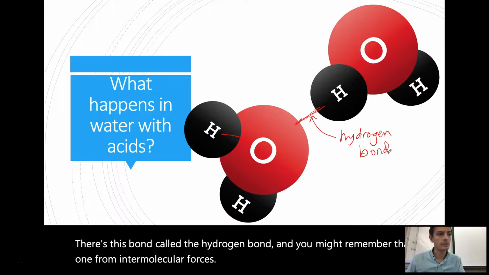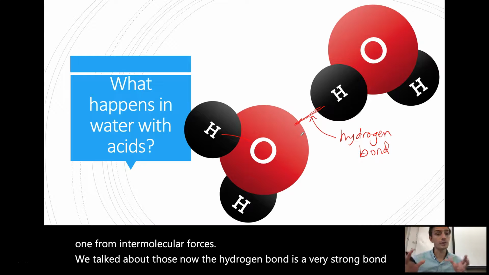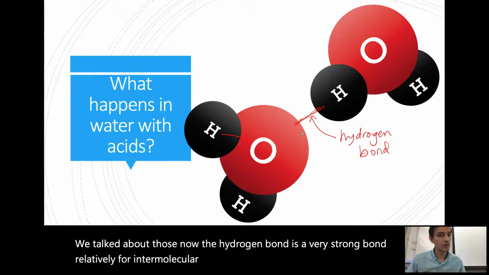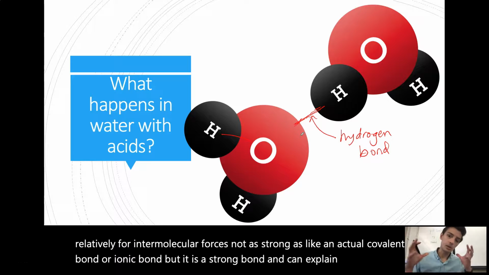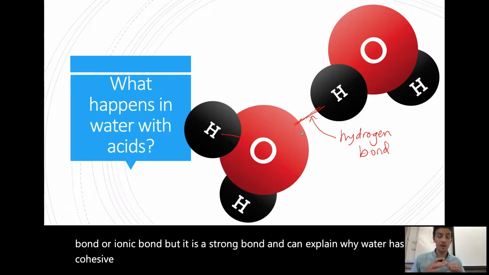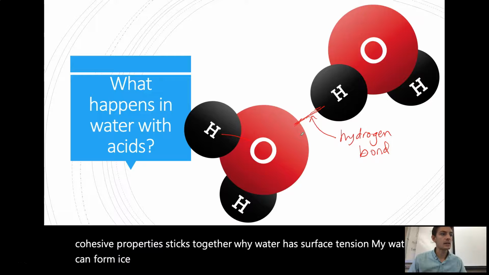The hydrogen bond is relatively strong for intermolecular forces. Not as strong as a covalent bond or ionic bond, but it is a strong bond and can explain why water has cohesive properties, sticks together, why water has surface tension, and why water can form ice crystals the way that it does. Hydrogen bonding is really important.